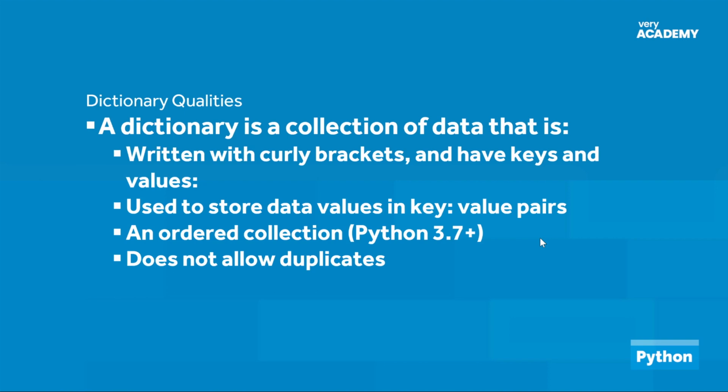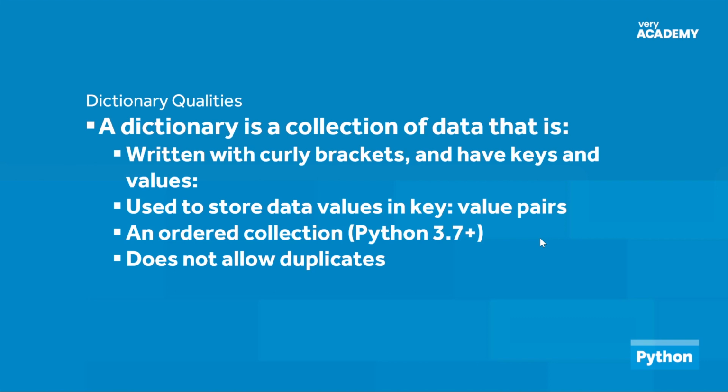This time we actually have a key value pairing, and we'll see that in an example. Here it says an ordered collection. So a dictionary is an ordered collection. Now, prior to Python 3.6 or 7, this wasn't the case. We've learned that an ordered collection means loosely that if the data is in position 0, then it's always going to be in position 0.